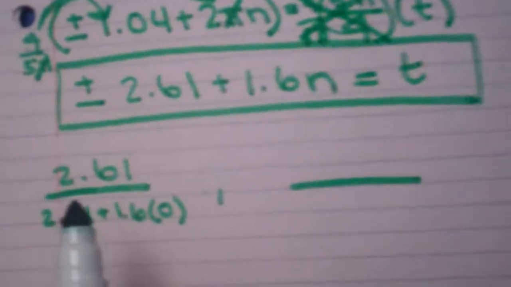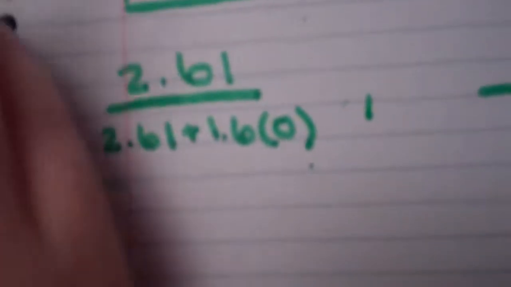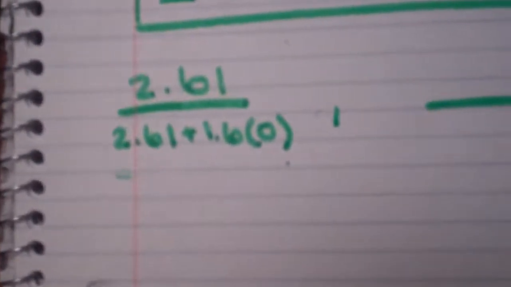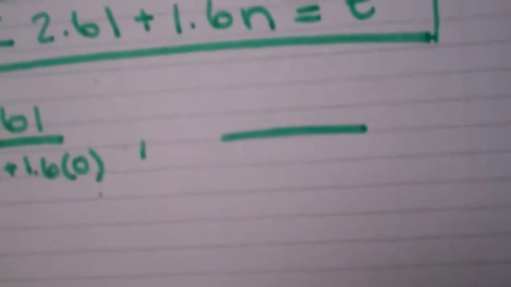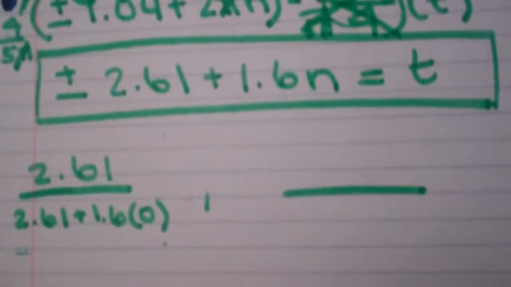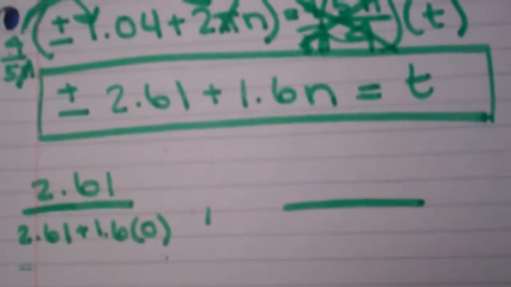Now we're going to find the first two positive terms. So we're going to plug this into our calculator. 2.61 plus 1.6 times 0. And we get 2.61. So that's our first positive value. Now we're going to go to the second positive value. We're going to try negative 2.61 plus 1.6 times 1.